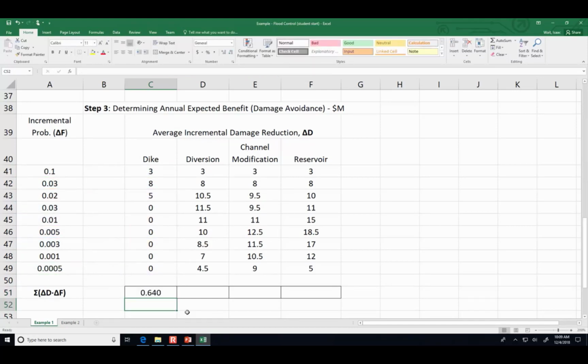Fingers crossed it works. All right, so 0.640 million, and we'll talk about what that is in just a minute, but to drag that sideways now, it looks like the best option is the reservoir, because you want the most damage reduction.